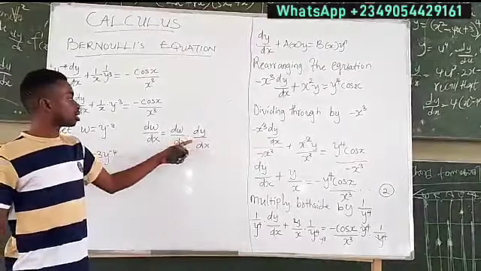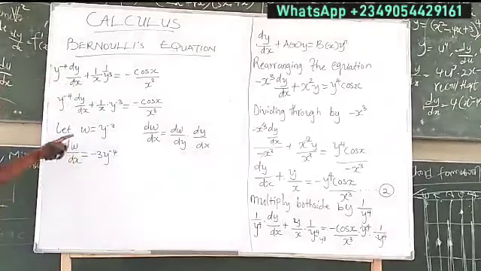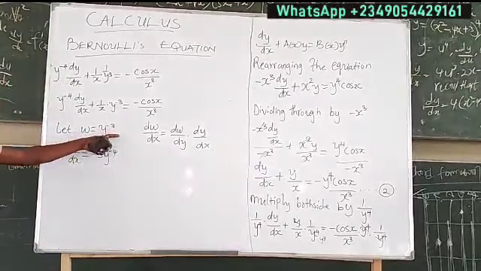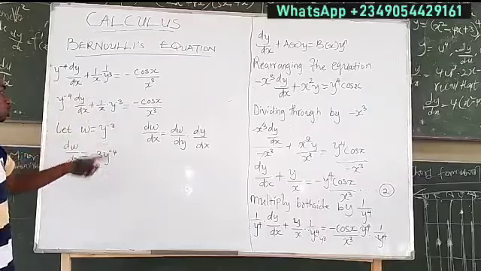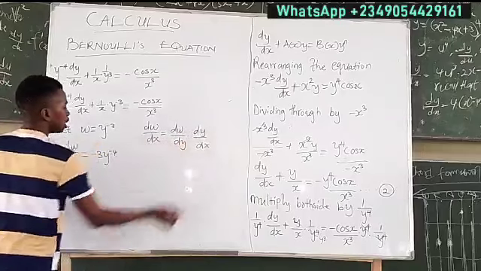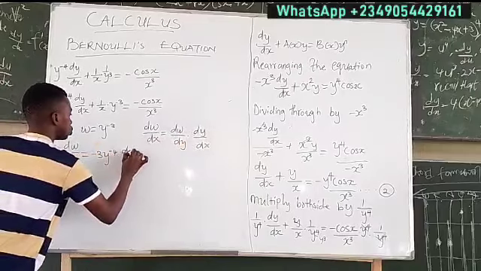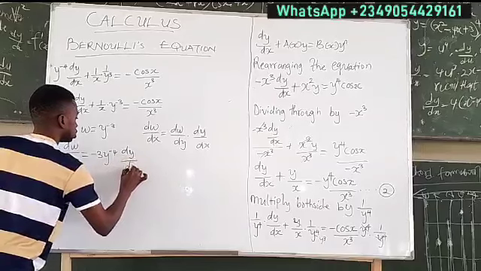Then our dy all over dx, you can see that there is no x here. So our w does not have any term related to x, so this dw all over dx will remain dy all over dx.